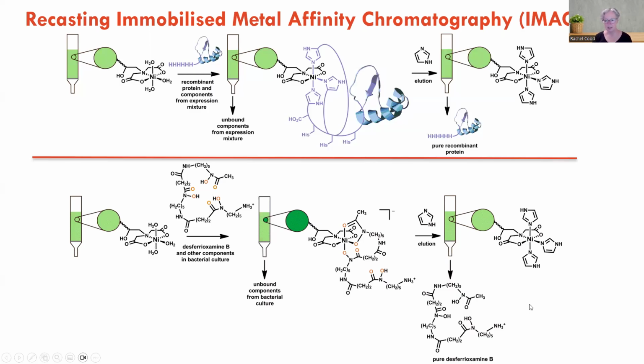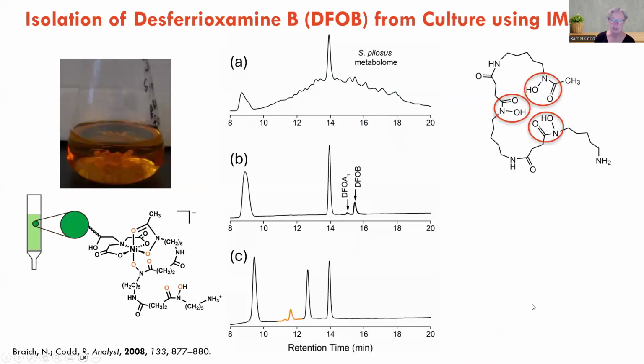So this was the concept that we wanted to explore, remembering that the utility was that we were going to potentially be able to harvest very, very low levels of siderophore from a bacterial culture. So what I've shown here are the results of us developing this method.